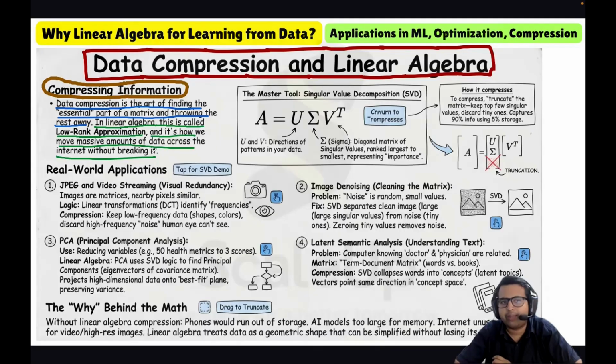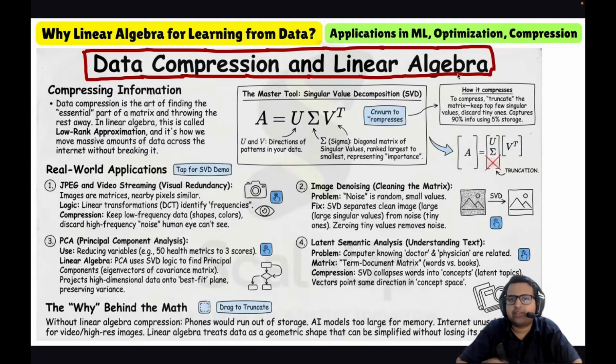So data compression is very clear: it is the art of finding the essential part of a matrix and throwing the rest away. And we make use of a technique of linear algebra called low rank approximation to do it.